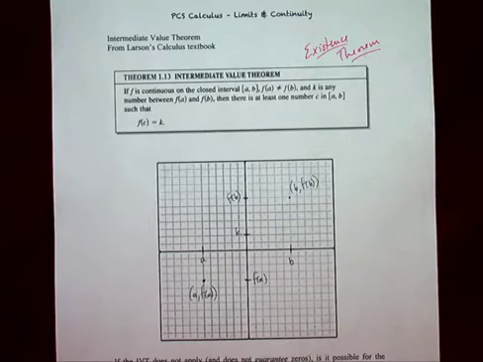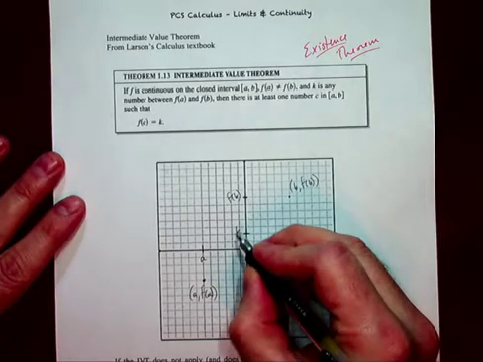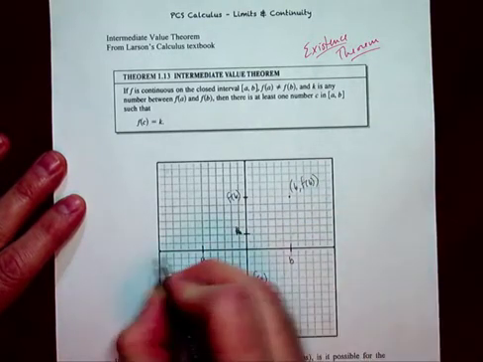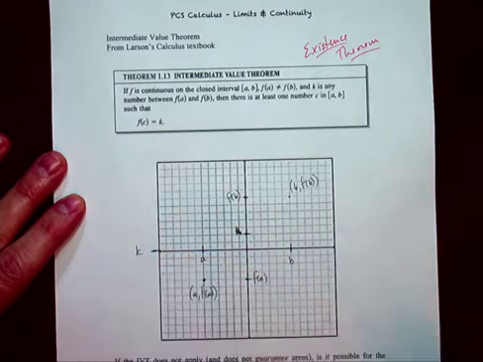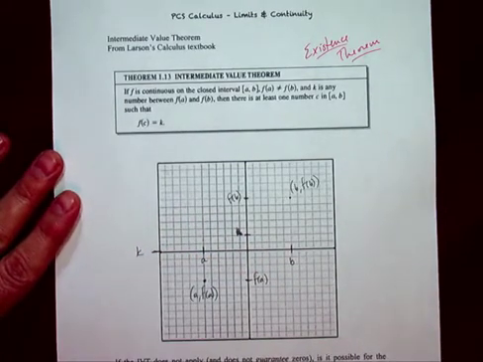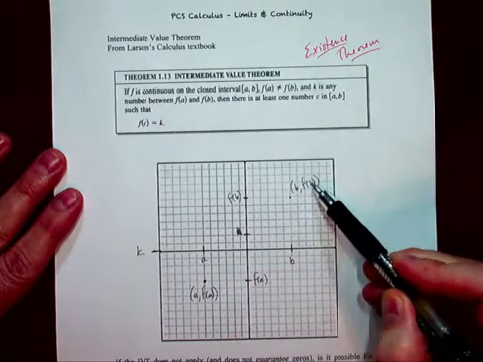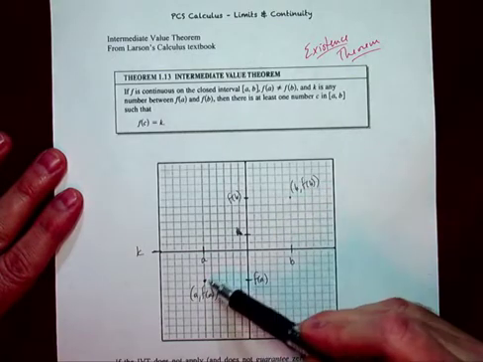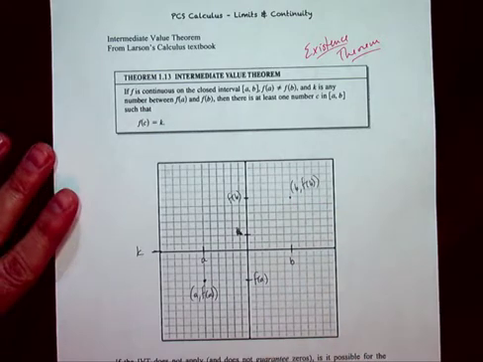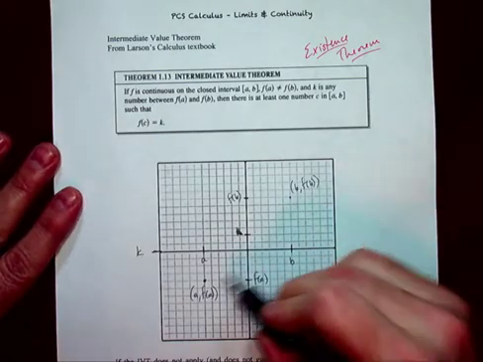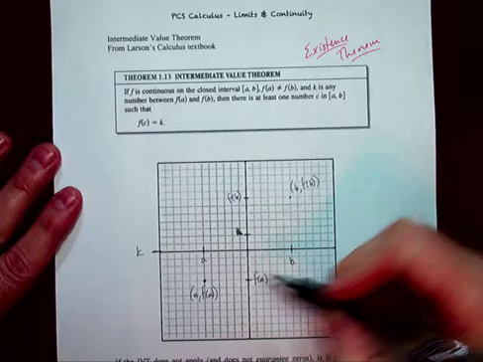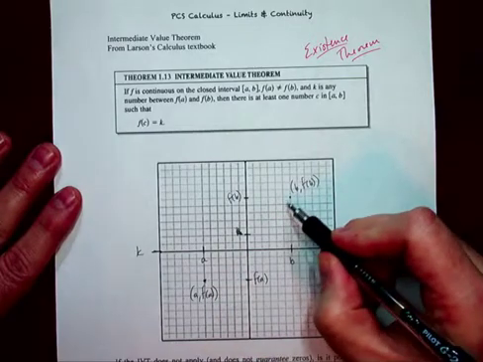Now, that's really helpful if the k value that you've chosen is equal to 0. And if a, f of a and b, f of b give you outputs of opposite sign, the implication is somewhere between a and b there has to be a 0.